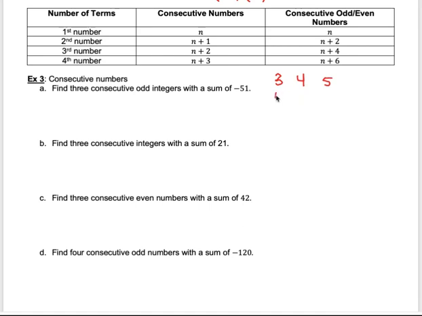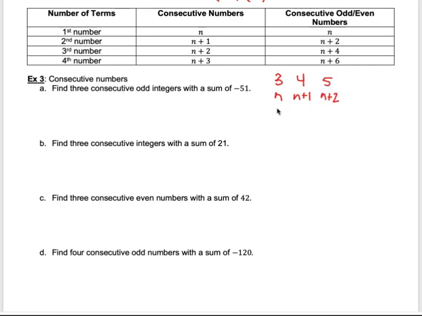Well, if 3 represents n, to get 4, I would have to add n plus 1. To get 5, I would have to do n plus 2 because 5 is 2 away from 3. So this is how consecutive numbers work.